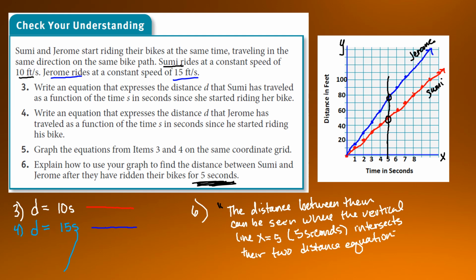So we can just look at the graph and see they're between, she's at 50, he's at 75. So they are 25 feet apart.